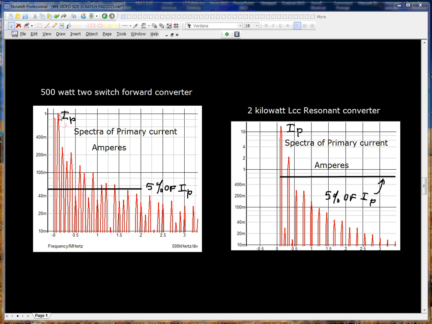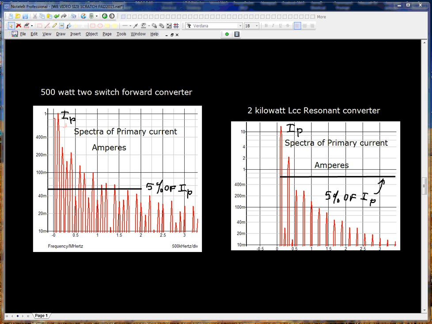That means that if we want to really calculate the losses accurately for a transformer with copper wire, or in fact any other conductor material, for example copper tape or Litz wire, we would calculate over this range of frequencies down to about 5% of IP. In this case, we'd have to calculate for about 12 to 15 frequencies.